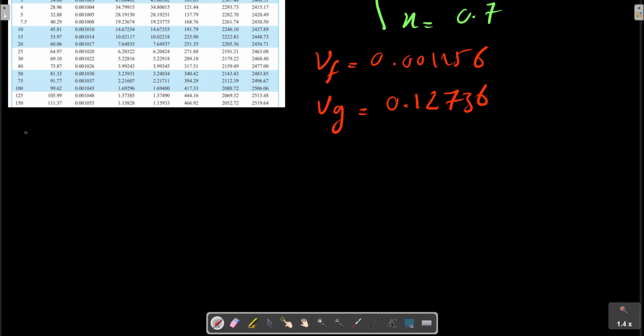So we can obtain V equals (1 minus x) Vf plus x Vg.